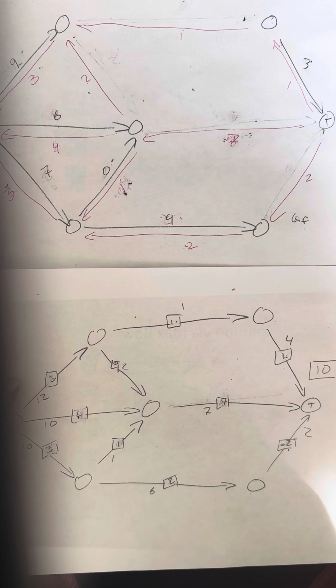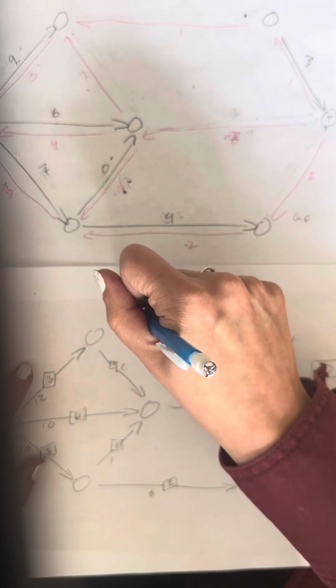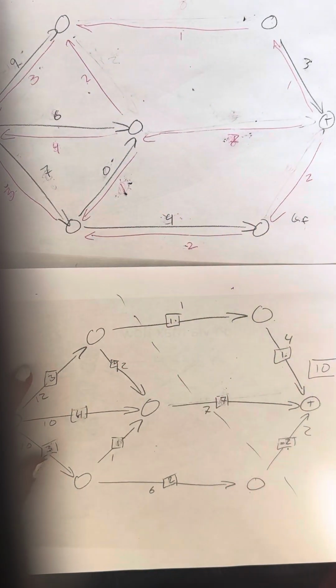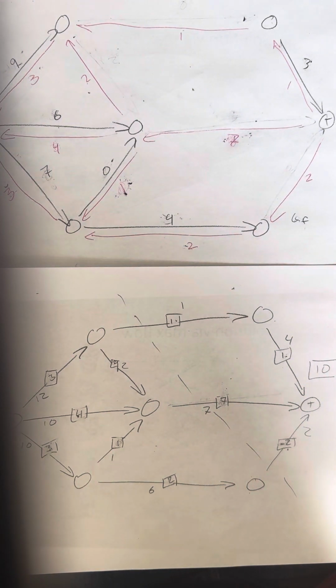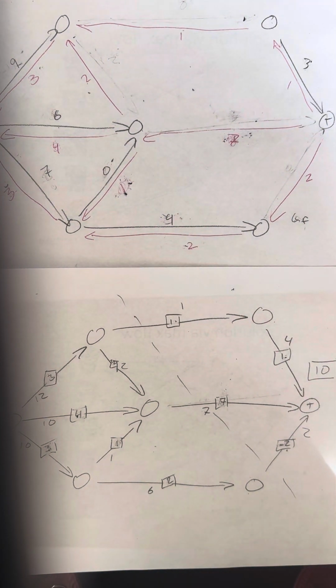And if I'm looking at it, I can see that that cut is right there. That's going to be the bottleneck. 7 plus 1 plus 2. So, all right. And so hopefully this is helpful and you guys can really see Ford-Fulkerson and min-cut max-flow.